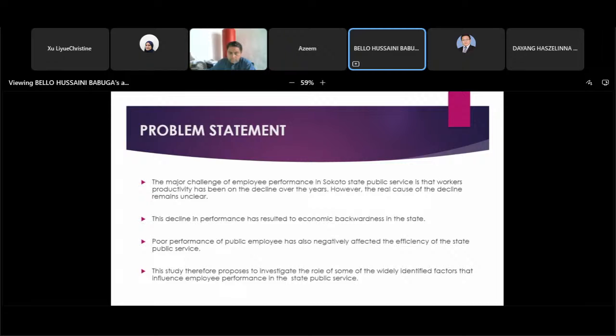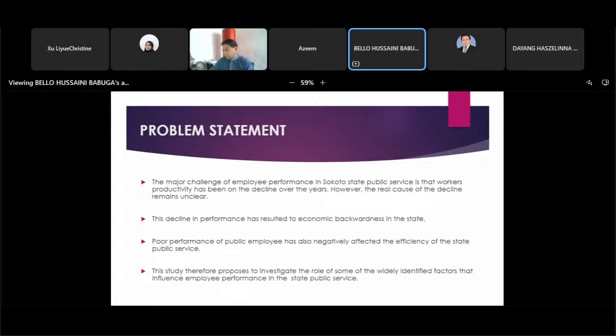This decline in performance has resulted in economic backwardness in the state, considering the fact that a large amount of money was being spent by the government in order to salvage the system from this decline, but all the efforts proved to be abortive. Poor performance of public employees has also negatively affected the efficiency of the state public service.